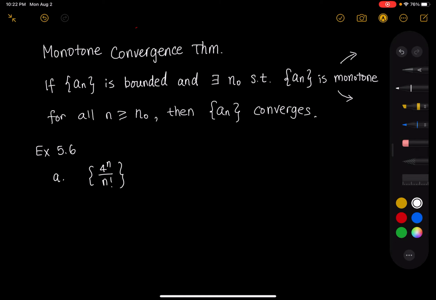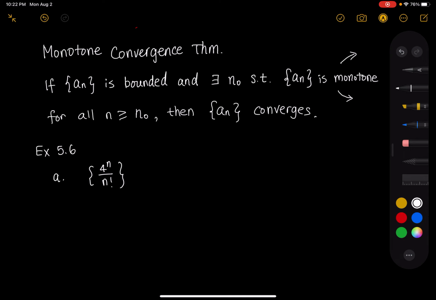Earlier, I already mentioned exponentials don't grow as fast as factorials. So before you even calculate it, you should know the limit is going to be 0. But we're going to use the monotone convergence theorem to prove that it has a limit. Anyway, we still need to find it.